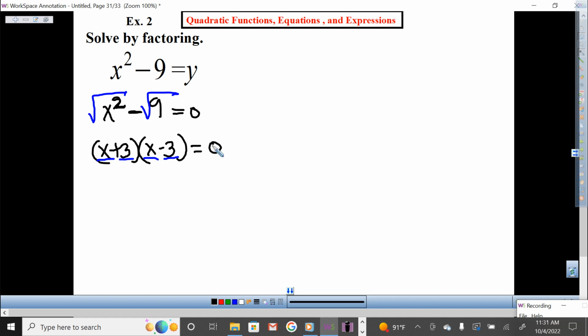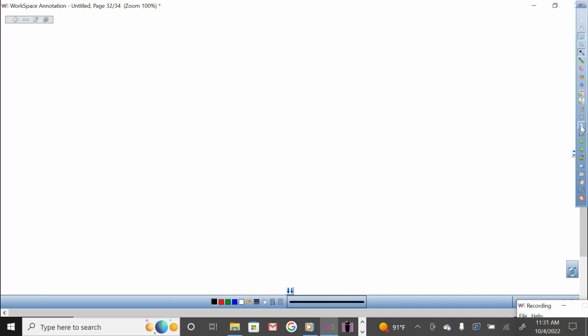But before I give you the last step, I'm going to elaborate on something. Don't copy this next part. I just want you to understand why we do this next step. So writing utensils down, look up to the screen. Ready? Here it goes. If I was to tell you that a times 0, you would say that is equal to what? 0. Yeah, that is correct.